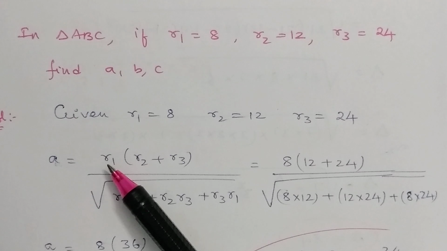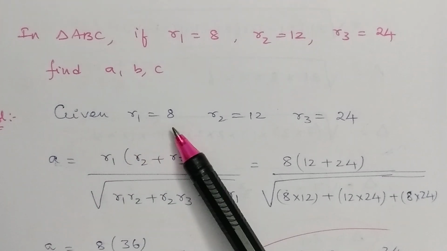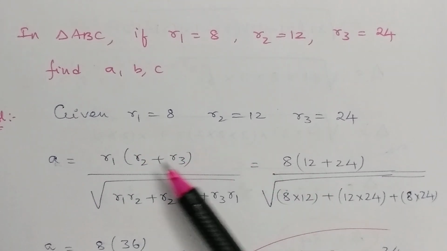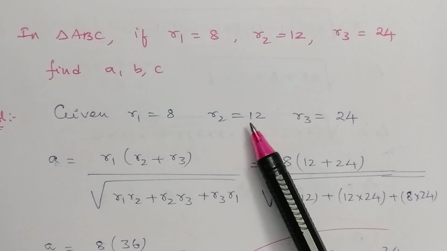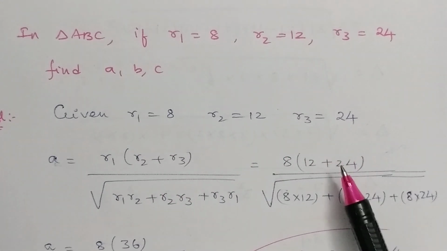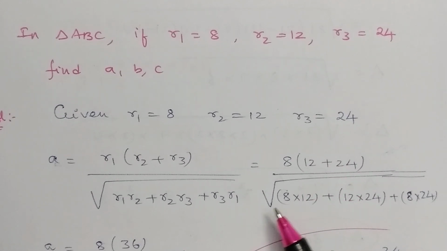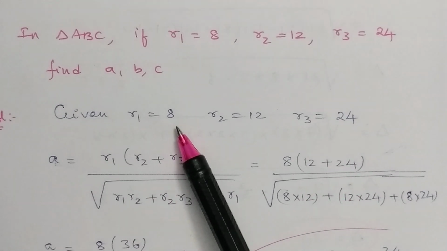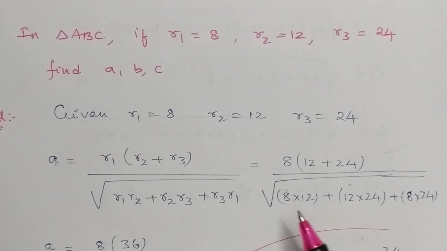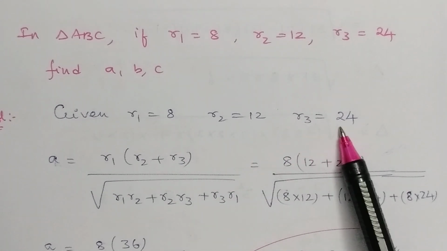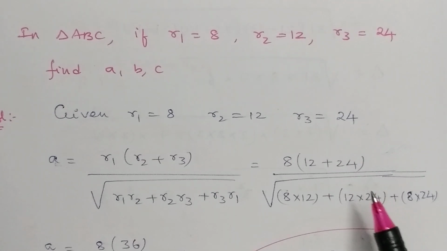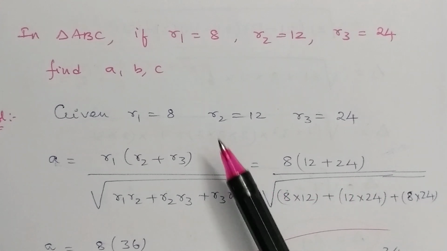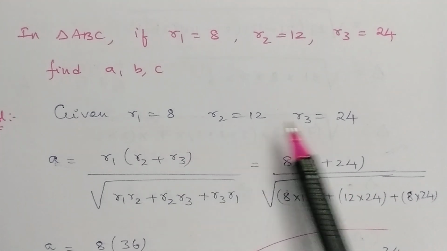A equals R1, which is 8, into (R2 plus R3), that is 12 plus 24, by root over R1 R2, 8 into 12, plus R2 R3, 12 into 24, plus R3 R1, 8 into 24.